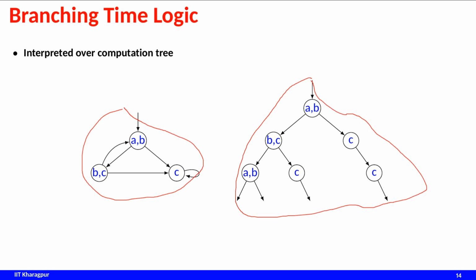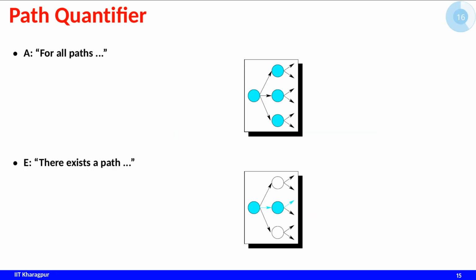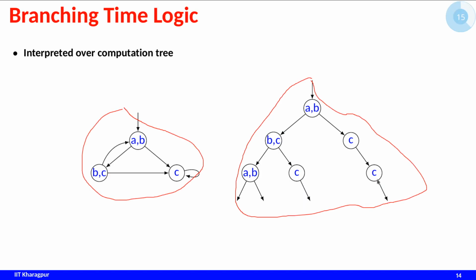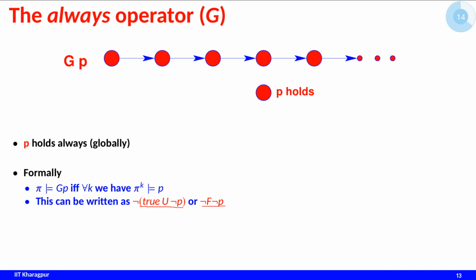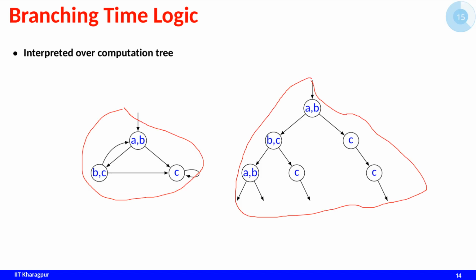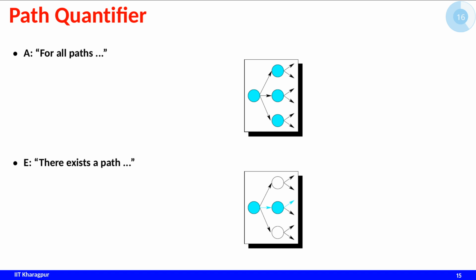Fine. Along with that, another thing required is the path quantifier. Till now we were looking at a formula that is true over a path. Whenever I want to specify certain things, I take a path and check whether a particular formula is true on that path.